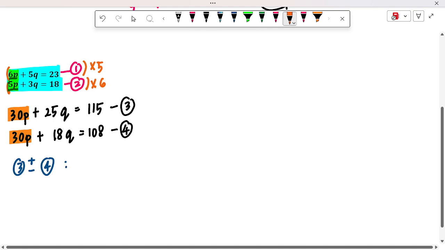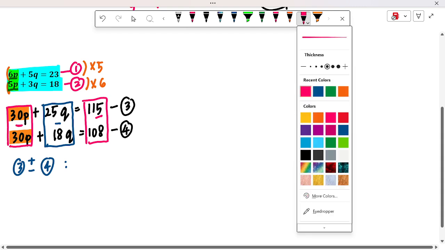So how do you decide? 30p and 30p, you will plus or you will minus to make it 0. Definitely we will be choosing minus. So the next step, this also will be minus, and this as well will be minus.